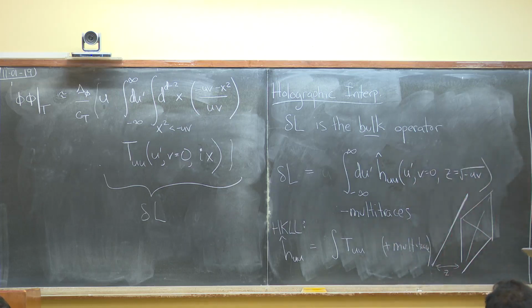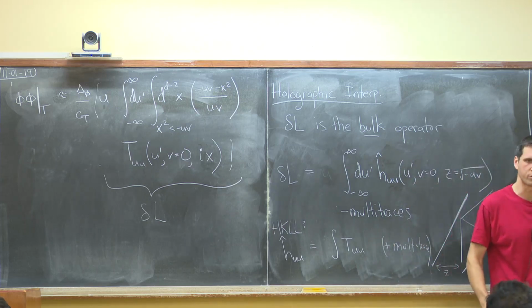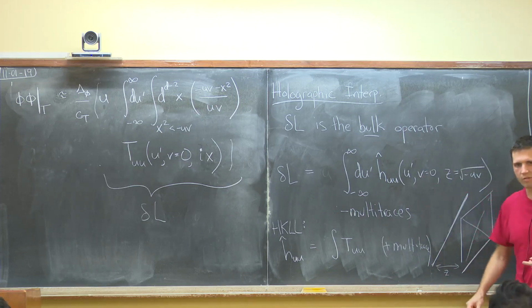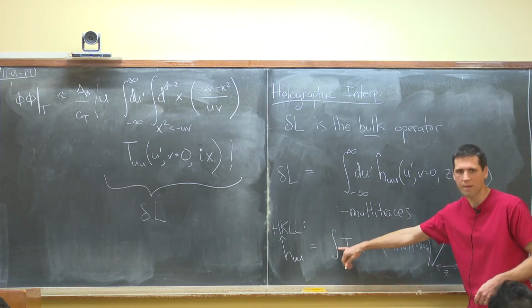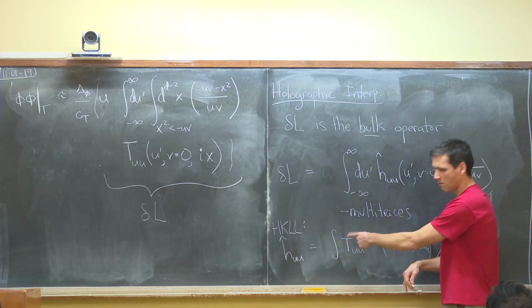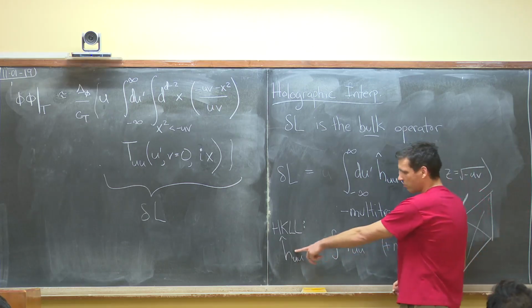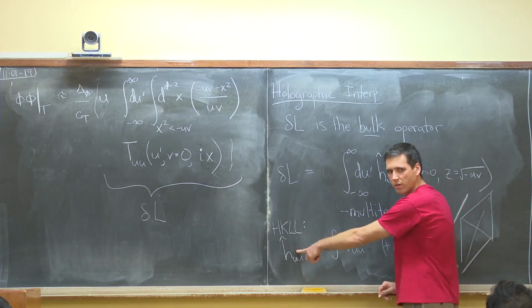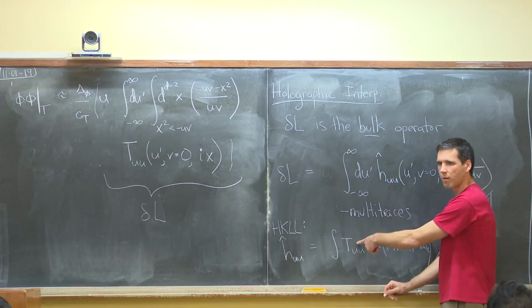This is the general map between bulk operators and boundary operators. And what you're thinking of is if you go near the boundary, the smearing integral collapses, and some leading local term in the metric is the same as the stress tensor operator.